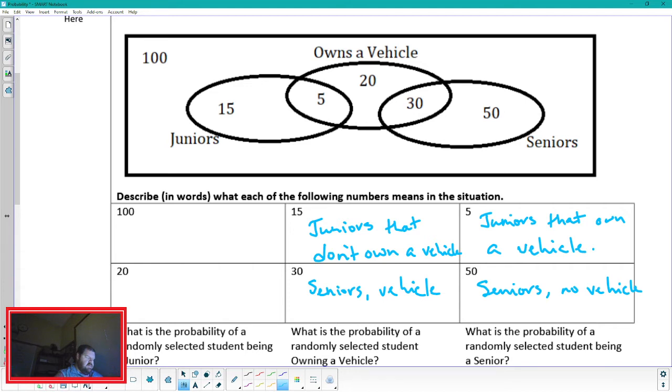The 20 is kind of a hard one to figure out. But if we notice, it's in the vehicle owner circle, but it's not in the junior circle and it's not in the senior circle. So that's the group that own a vehicle, but we're going to say not juniors and not seniors.